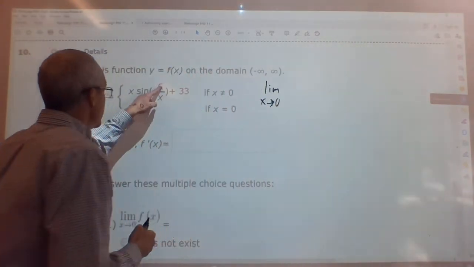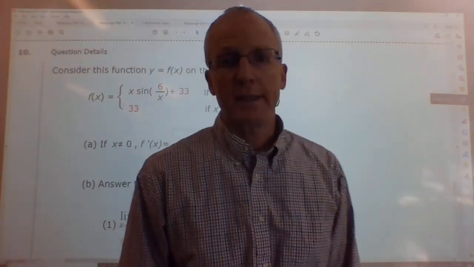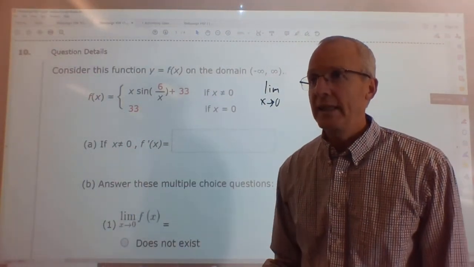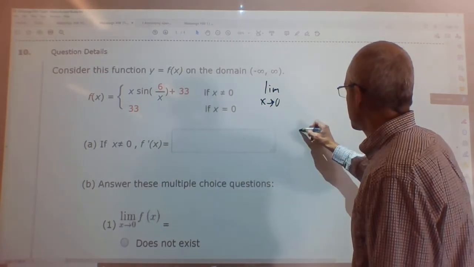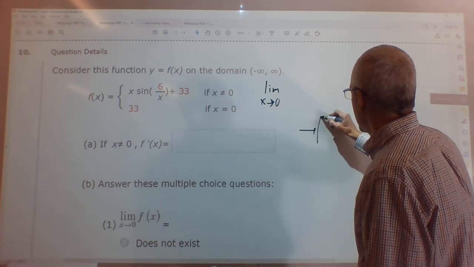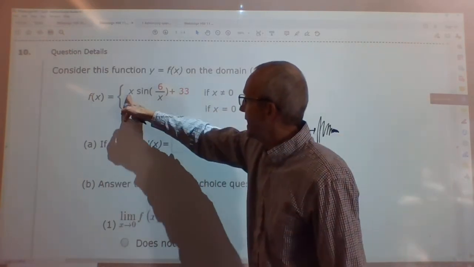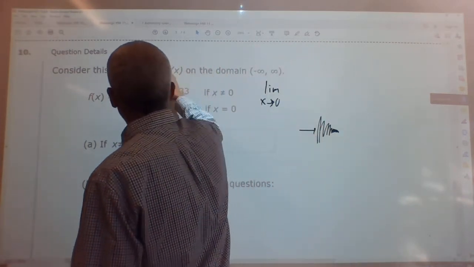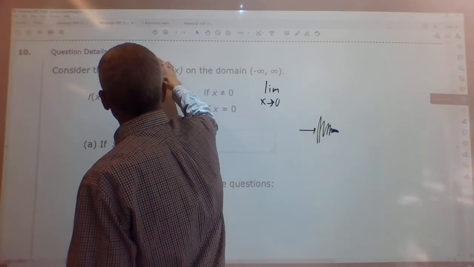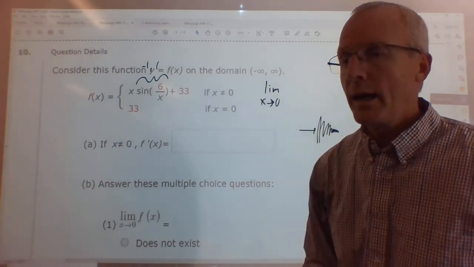Because this sine of 6 over x goes back and forth forever, because as x goes to 0, it goes to infinity, and every 2 pi it goes back and forth. So as you get closer to 0, it wiggles back and forth infinitely fast, but the x here makes it go to 0, because the biggest this can be, it's always between -1 and 1. Sine is always between -1 and 1.